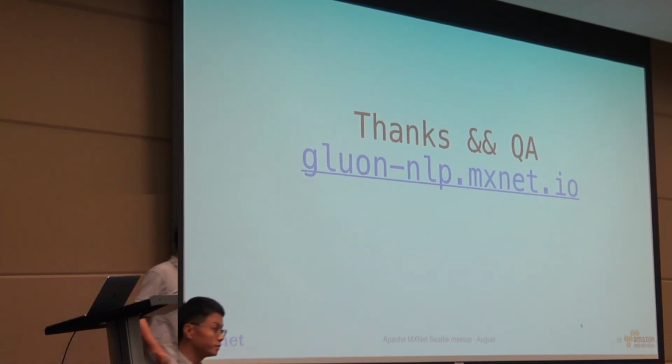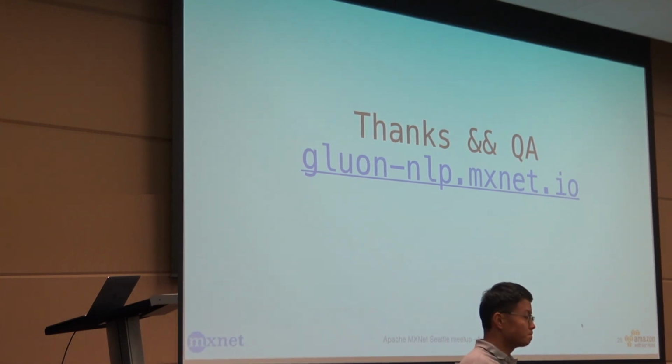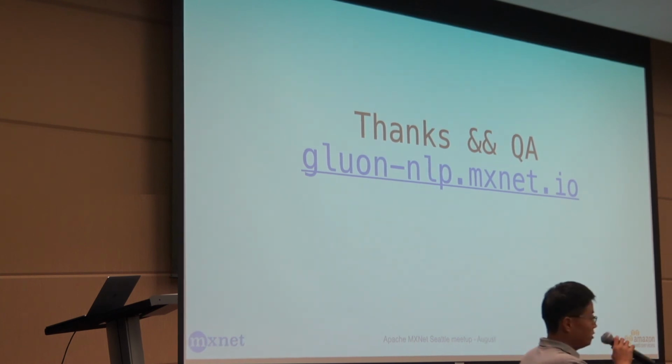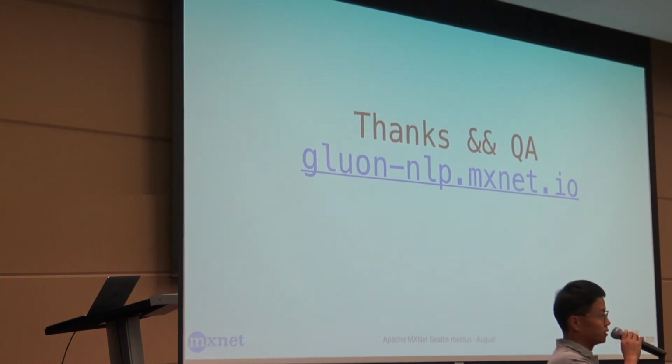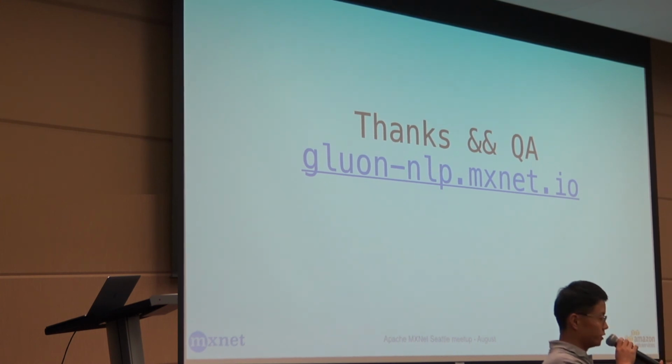I have a question. There's the Sockeye toolkit from the Berlin team. I was wondering if you are planning to port all those models into MXNet. All of these models are currently in the GluonNLP model zoo. So it's not in SageMaker.